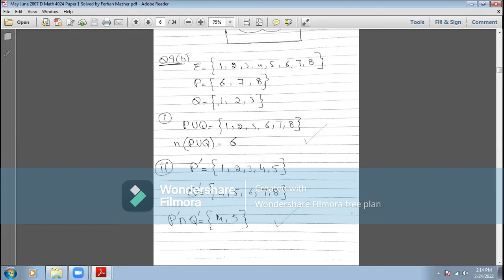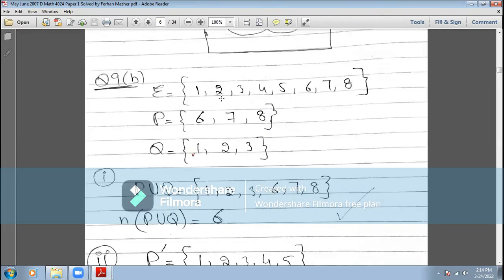And the common members in the P complement and the Q complement are 4, 5. So I hope you have understood this question.